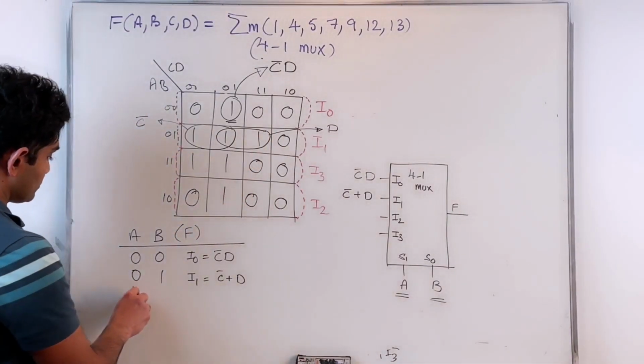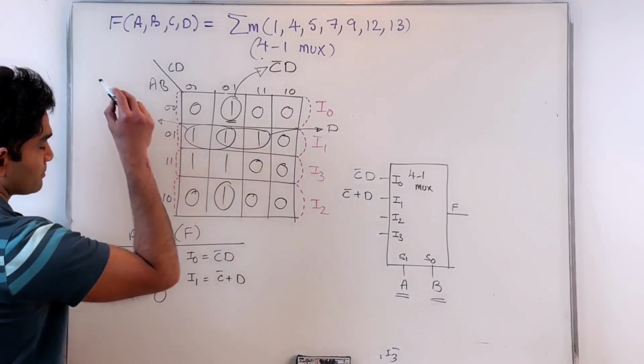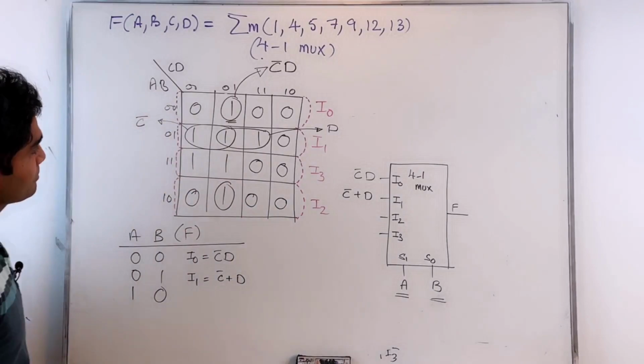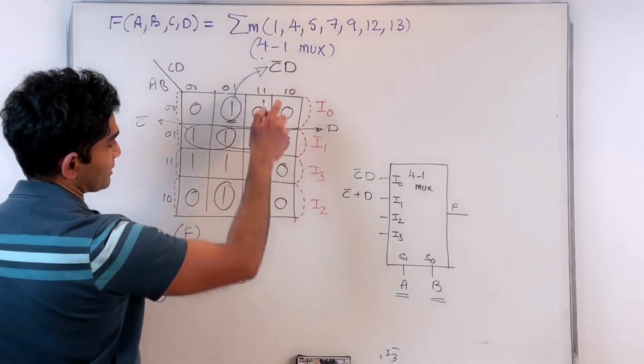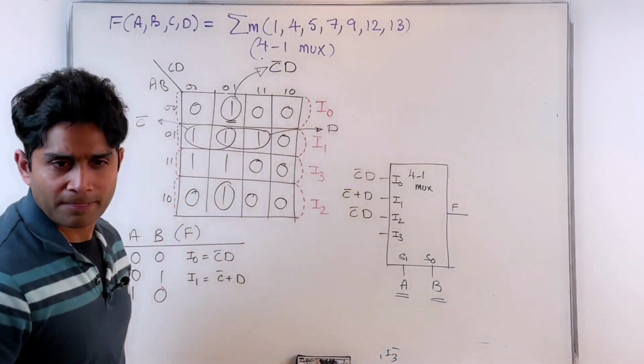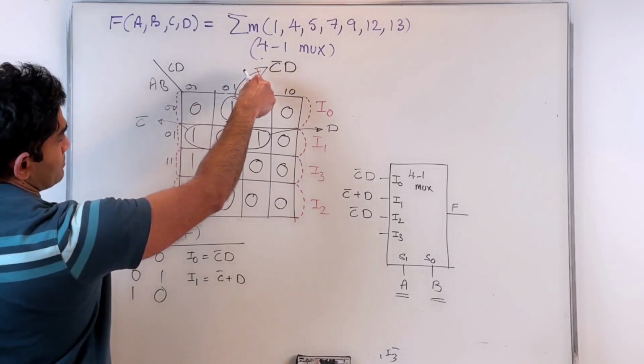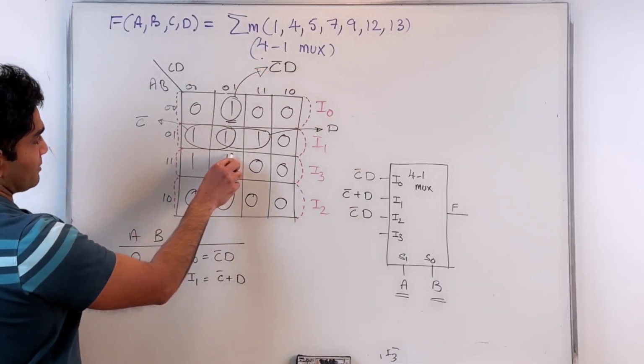1, 0. 1, 0 is this. That's the combination, which we have already seen, that's C prime D. Then 1, 1. So that's this combination.